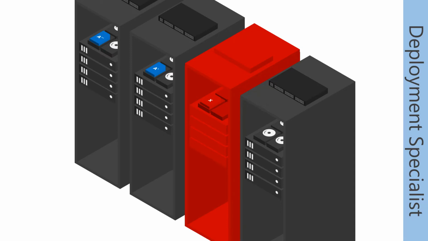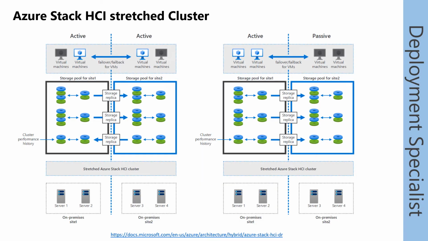And if you want to build something like this, because you say, okay, I have many servers, and I want to survive more than 2 simultaneous node failures, or I have 2 sites. Maybe I have a data center in one location and a data center in the other location. Then you will need to configure a stretch cluster.